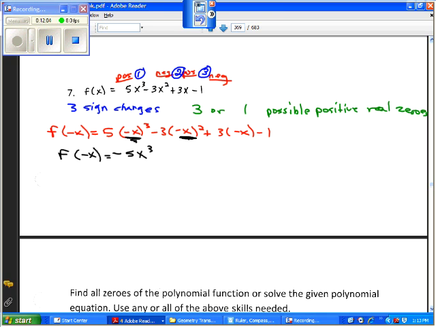And an even number of negatives creates a positive times a negative is a negative 3x squared. And a negative times a positive is a negative, and then I have a minus 1. Let's see how we got that.